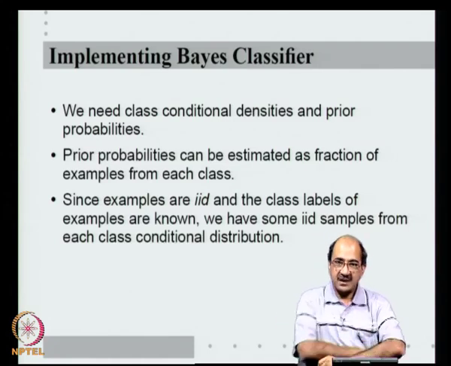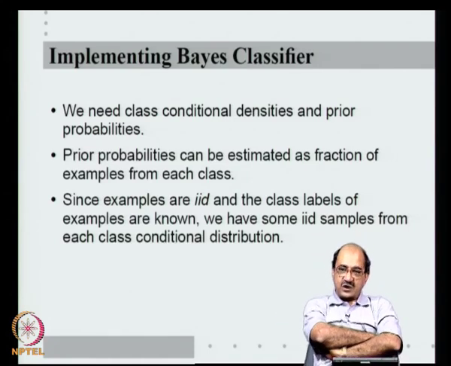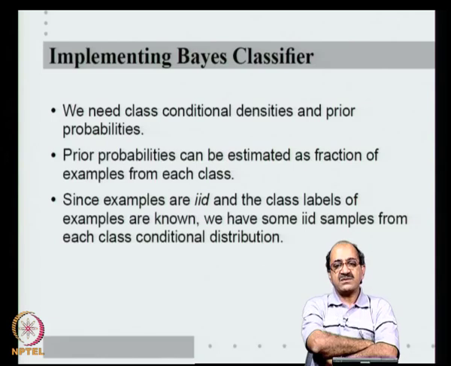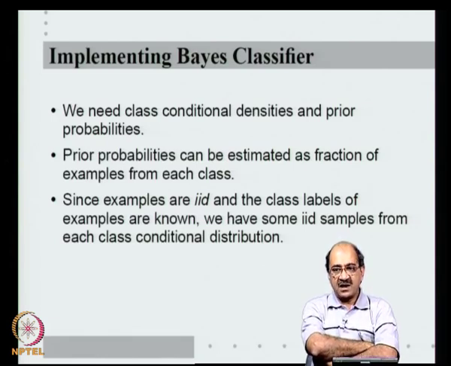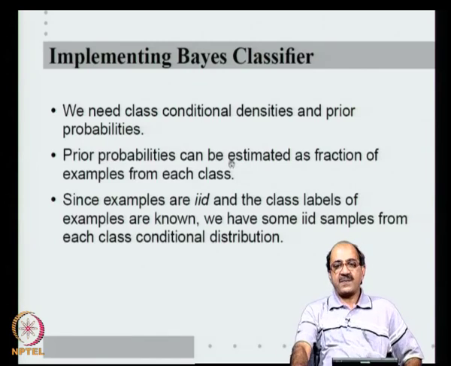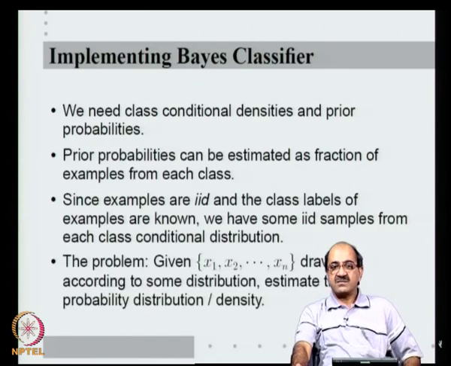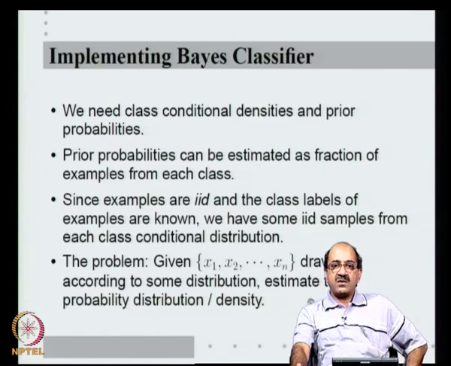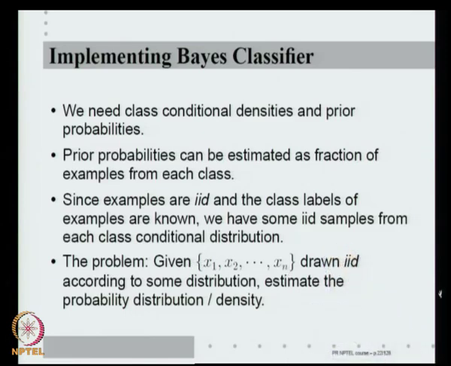So, ultimately what I have is IID samples of class 0, IID samples of class 1. What does that mean? If class 0 has density function f 0, I have some samples which are drawn from the density function f 0 in an independent manner and they are given to me. So, I have x 1, x 2, x n, all of them drawn from a particular density function. So, the problem now turns out to be: given some x 1, x 2, x n which are drawn in an IID manner according to some distribution, let us say the class conditional density f 0, estimate the density correctly.